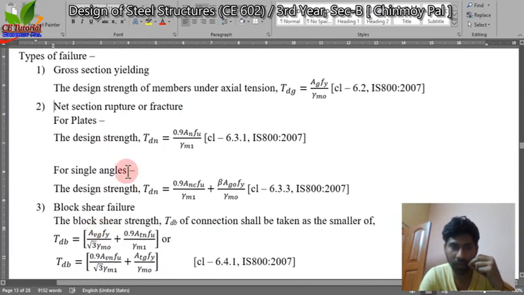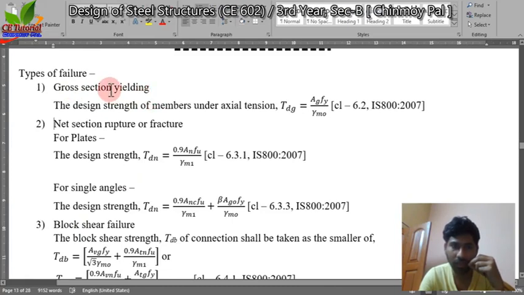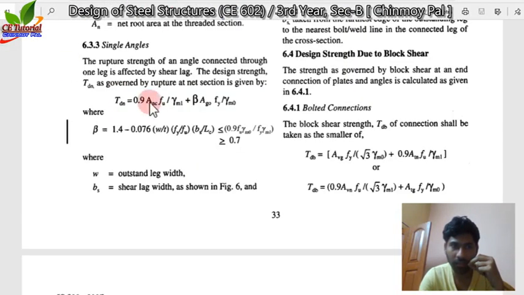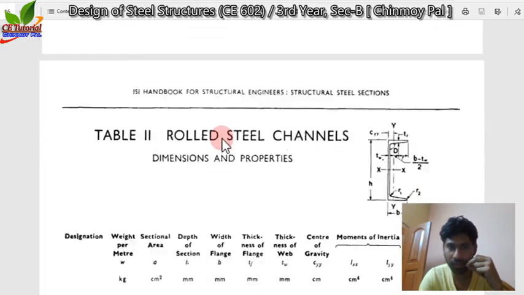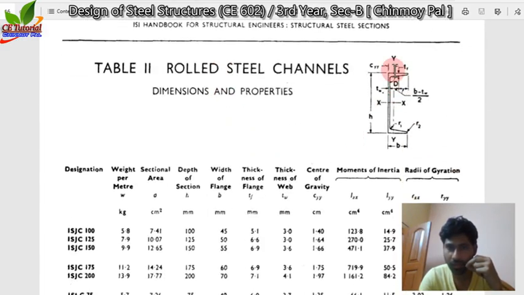What is cross section? Cross section means total section. Suppose we are selecting a channel section or whatever you can choose. Suppose this is a channel section and we have to select this type of section.